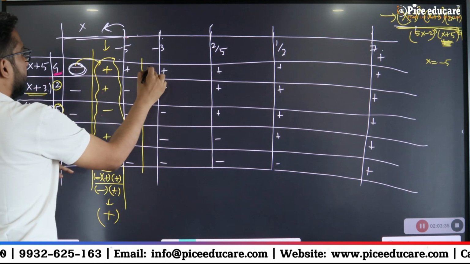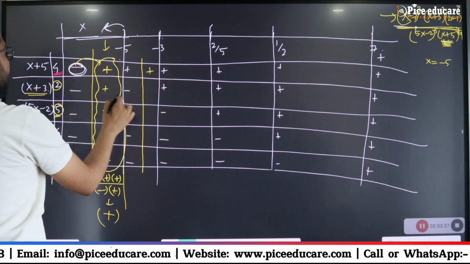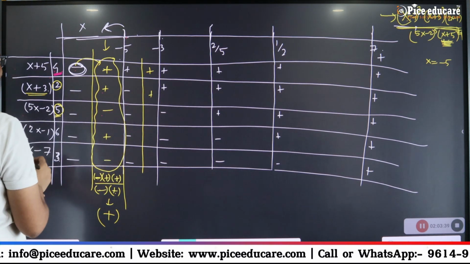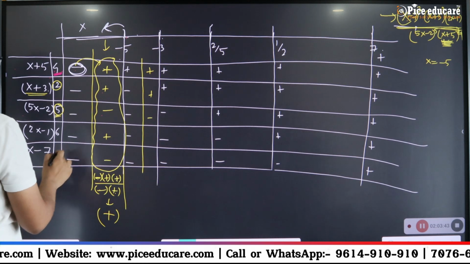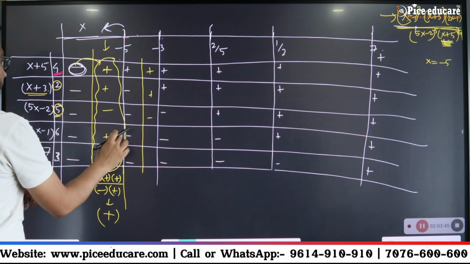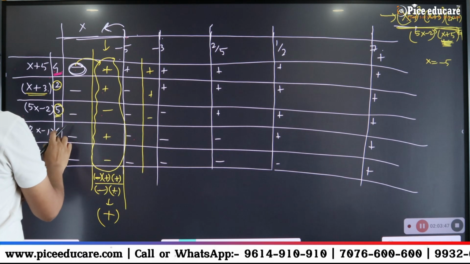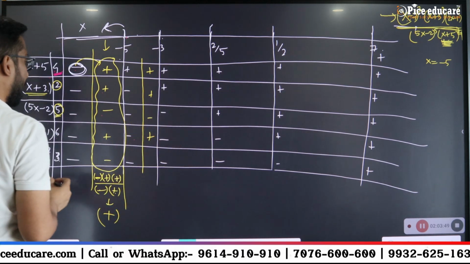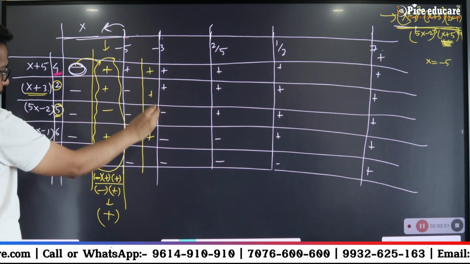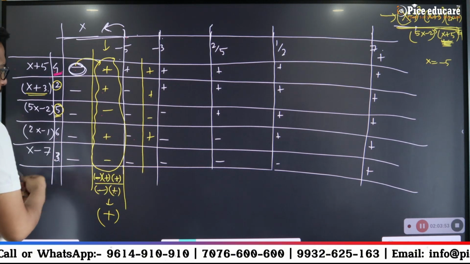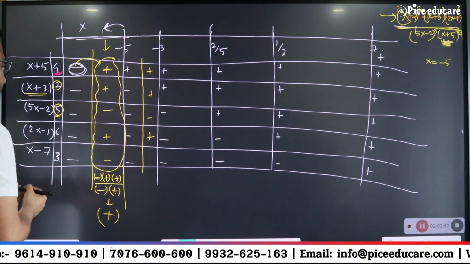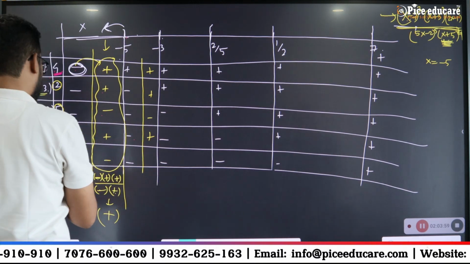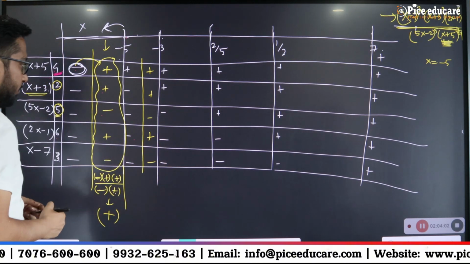Plus even plus, minus even plus, minus odd minus, minus even plus. I am intentionally making these signs, the right sub column, using a different color. And lastly, you have minus odd minus.